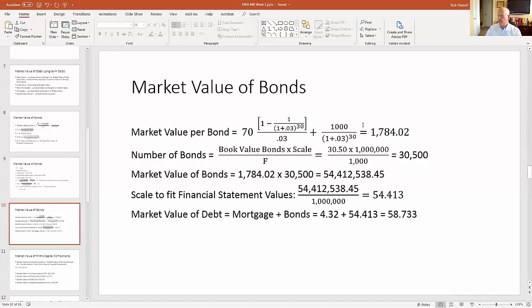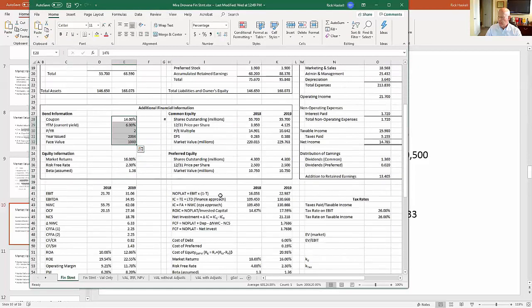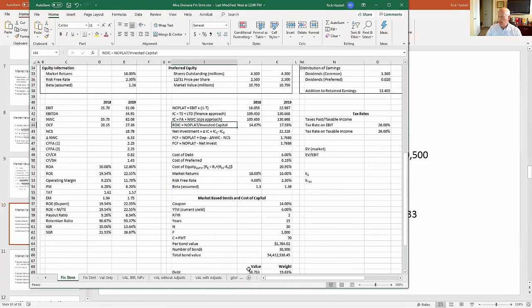The second part of the equation has F at 1,000, divided by 1.03 to the 30th power. Together, those will equal $1,784.02, which, not coincidentally, is the per bond value that we identify for Mira-Dravana.